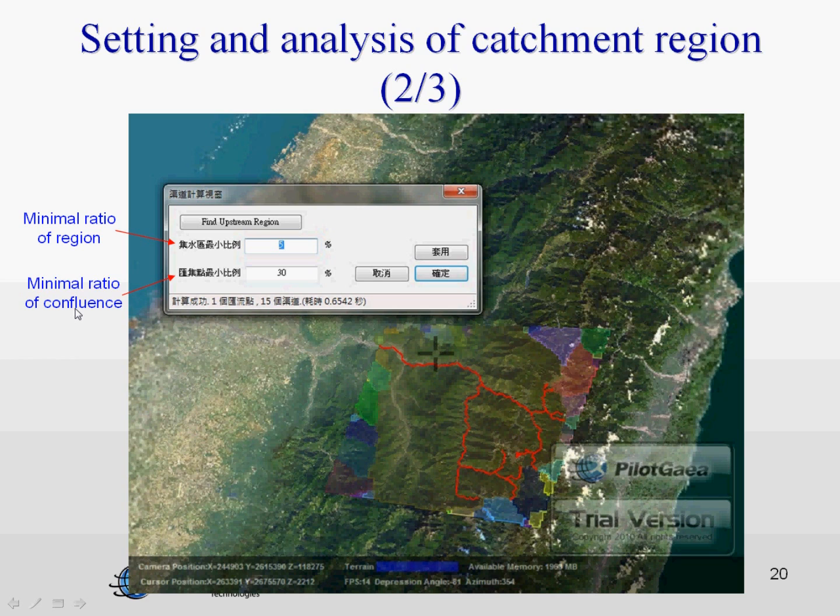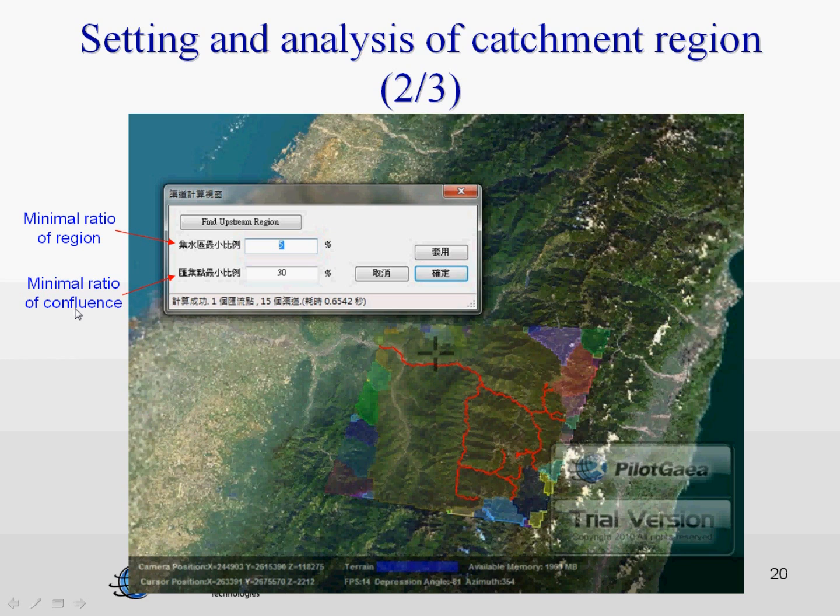For example, if the grid matrix is 100 multiplied by 100, there are 10,000 grids. The highest value is 10,000.